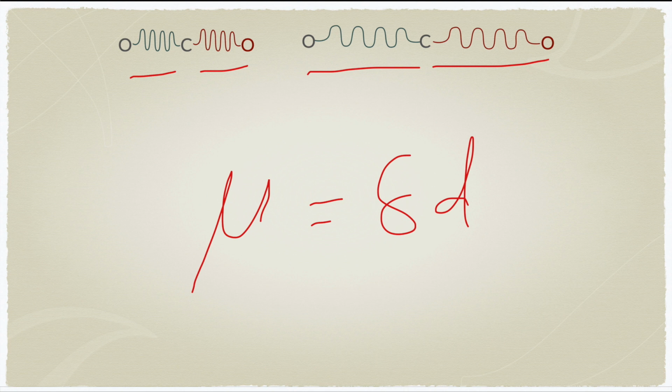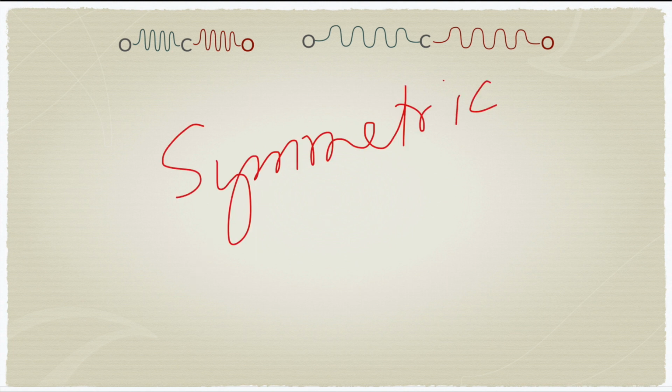So what does this mean? It means that there will be no change in the dipole moment. If it stretches, the dipole moment is 0, and here the dipole moment also is 0. So stretch or contract, both dipole moments are 0. This is known as symmetric stretching. So symmetric stretching will not have a change in the dipole moment in the case of carbon dioxide.